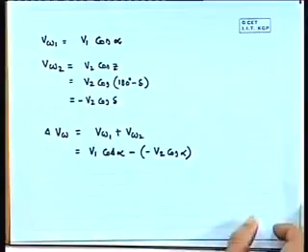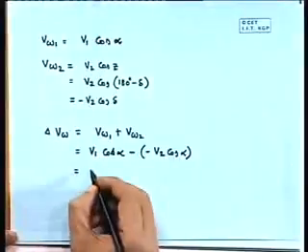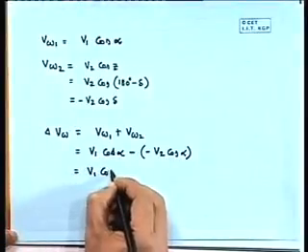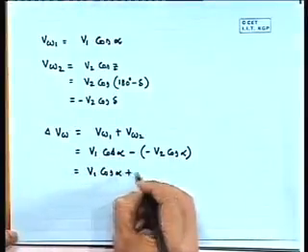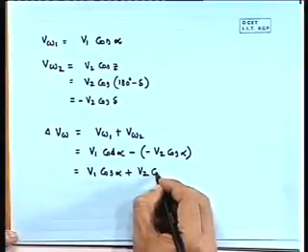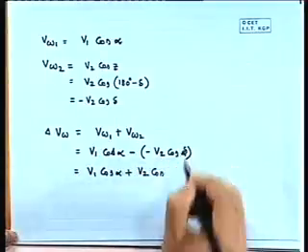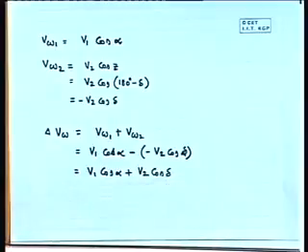According to the diagram which I have drawn, it is like this. So, basically again we can put V 1 cos of alpha plus V 2 cos of delta.